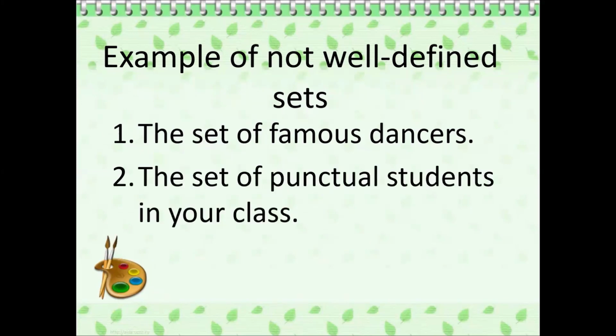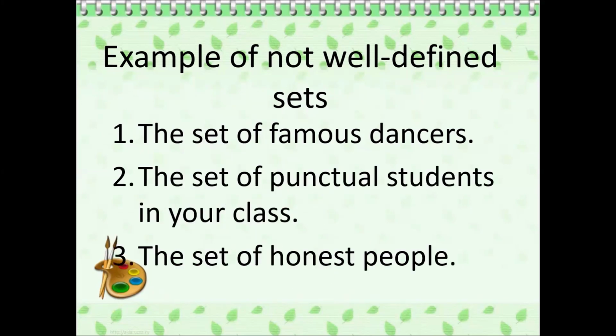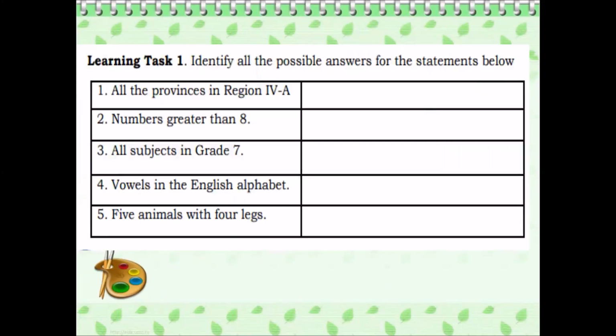Another example, the set of punctual students in your class. The set of honest people. I hope the basic definition of sets, a well-defined and at the same time a not well-defined set, is clear.